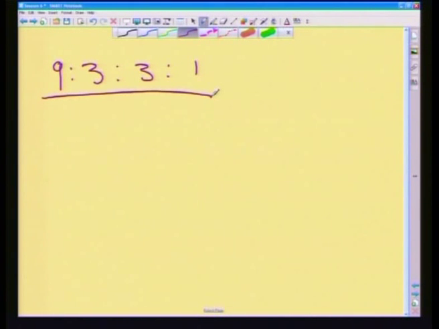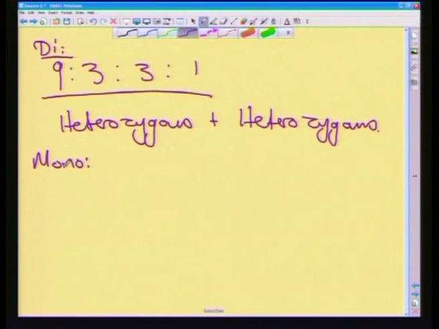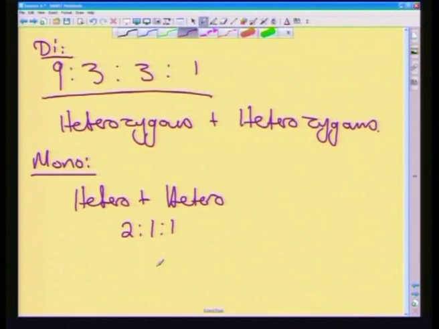Every single time. Why? Because we have a heterozygous plus a heterozygous. And if you remember with our 4 combinations, in our monohybrid cross, if we have a hetero plus a hetero, we are going to end up always with a 2 to 1 to 1 ratio.